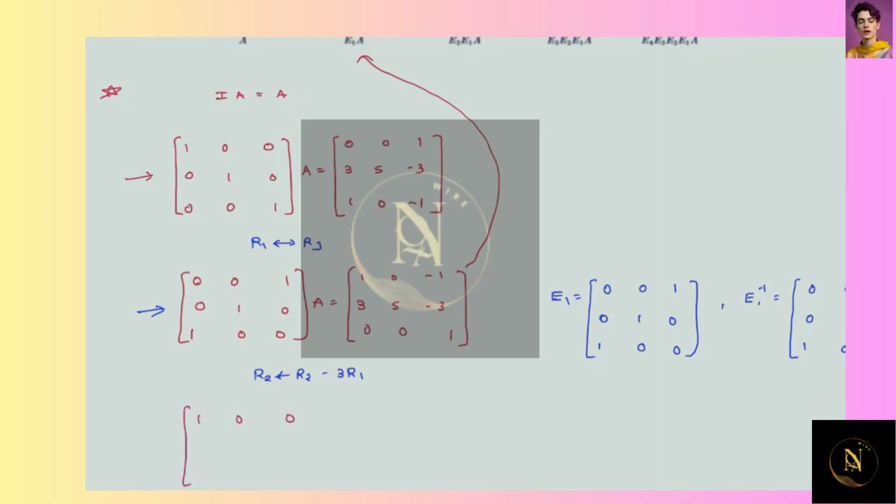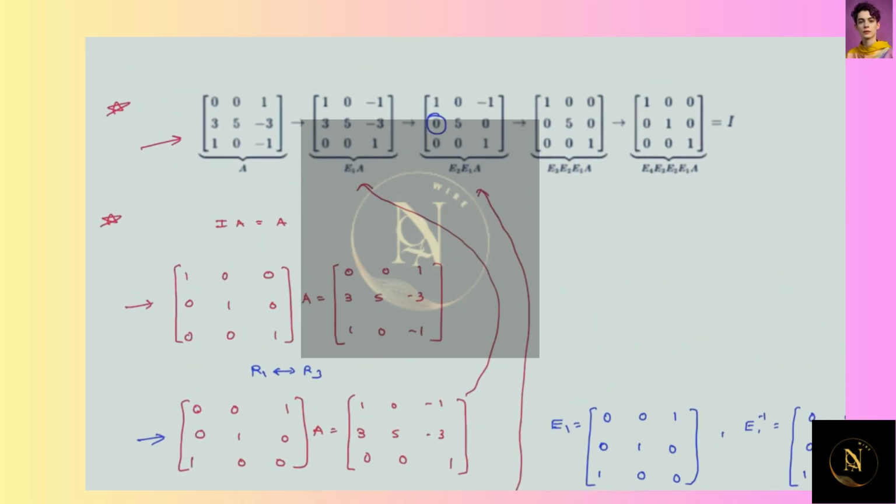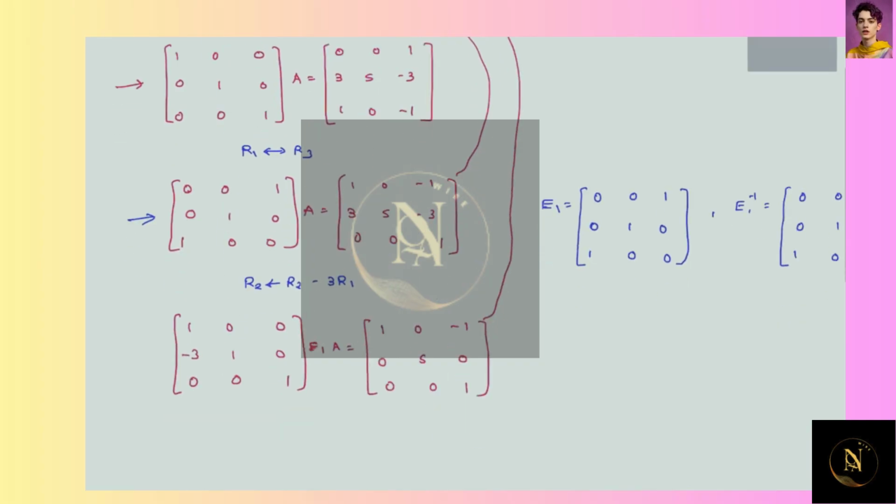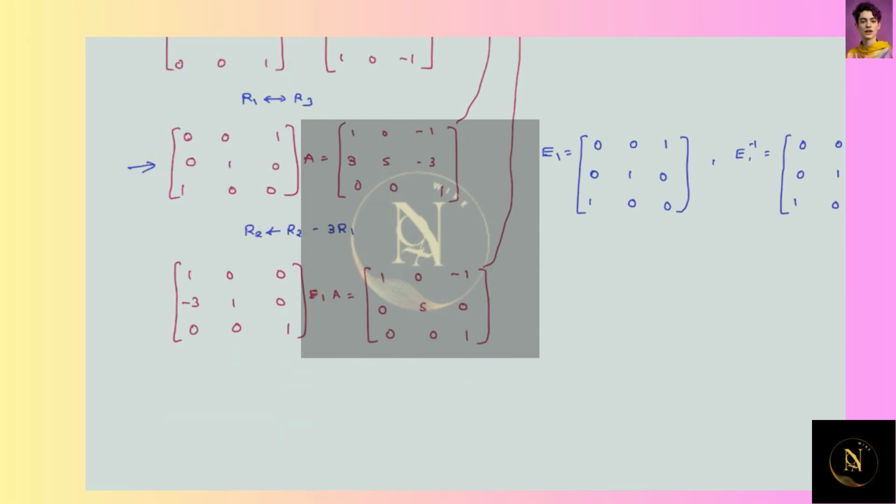Okay, now here 1 multiplied by minus 3, that is minus 3, and minus 3 plus 0 is minus 3. And here we need to write E1 multiplied by A. Right, so now this is our third matrix, right? And this is our second elementary matrix.